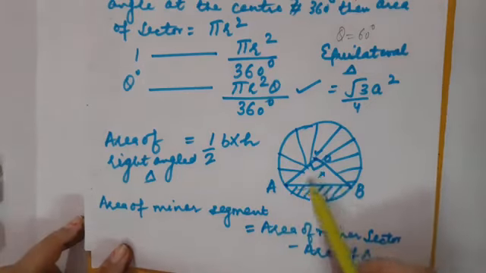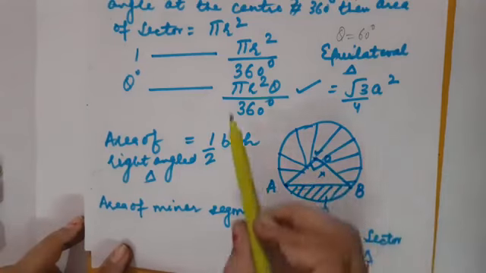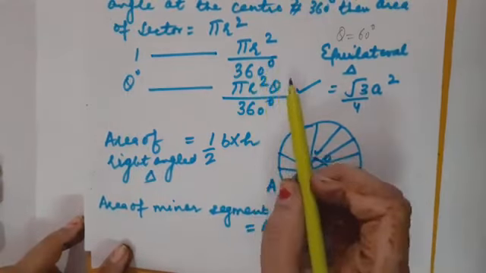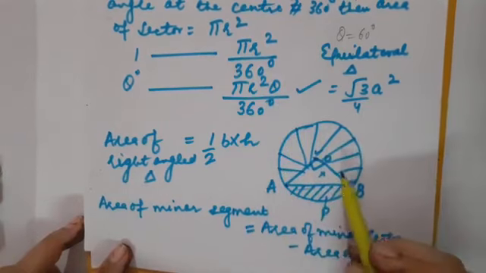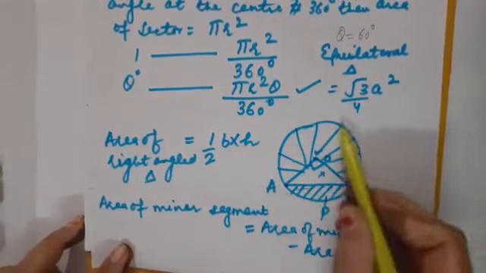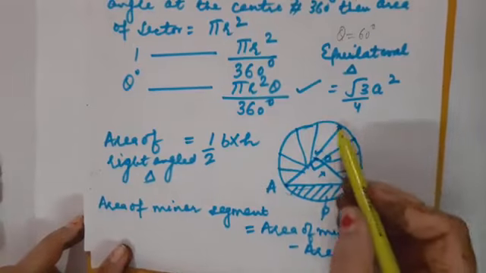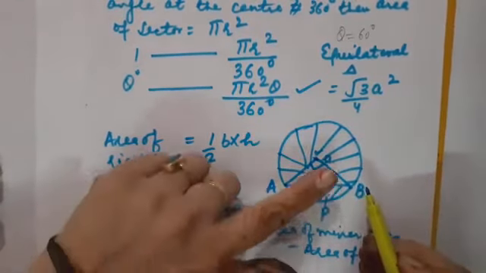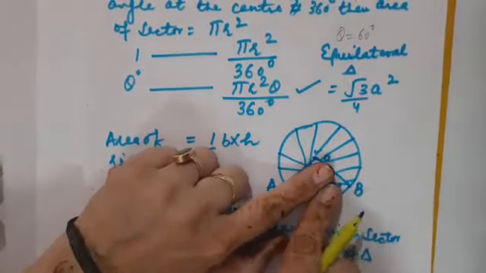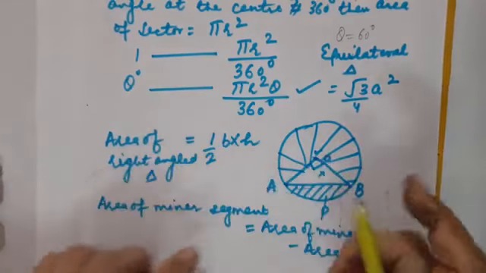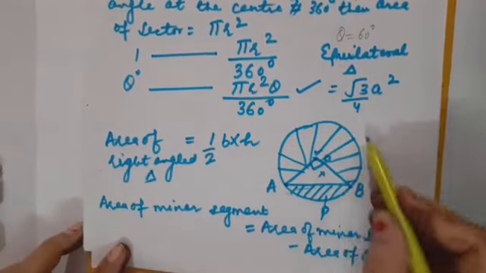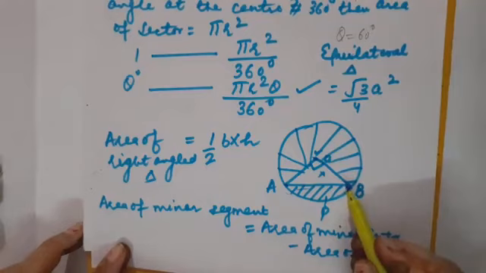Suppose I calculate the area of the minor sector, that is using pi r square theta upon 360 degree. Then I am going to calculate the area of the complete circle. From the area of the complete circle, if I hide this complete minor sector, so definitely I will be able to get the area of the major sector. Got it or not? Fine.